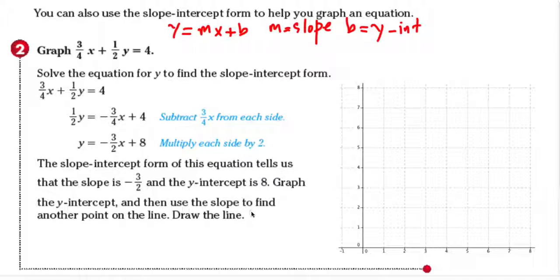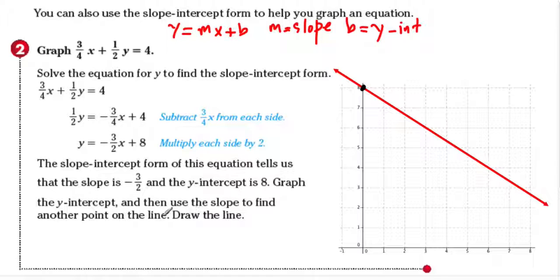We graph the y-intercept, which is 8, right there. Well, actually, I already made an animation for that. Here you go. Okay, so the y-intercept is 8 right there.